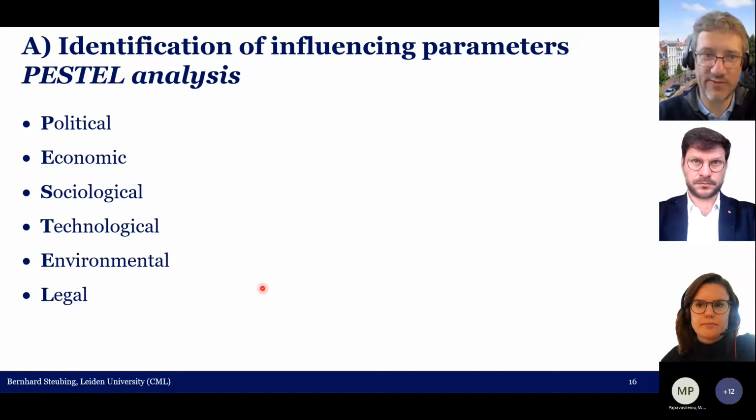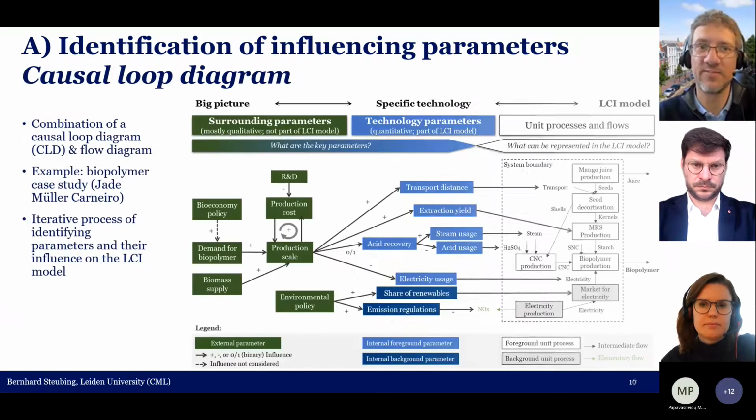It's good practice, of course, to do that with the stakeholders involved. So you can really start by simply mapping all of the parameters that could have an influence on the technology in the future.